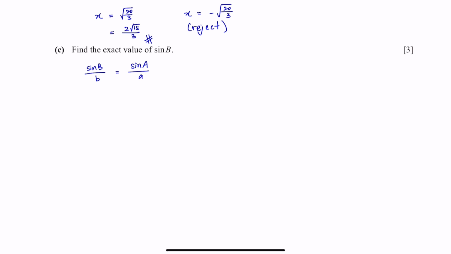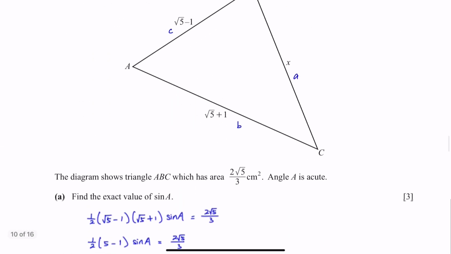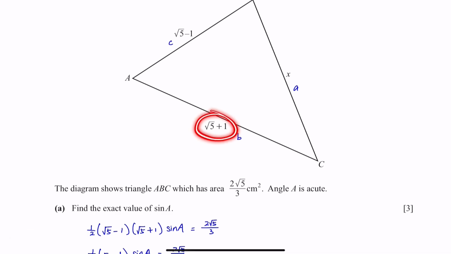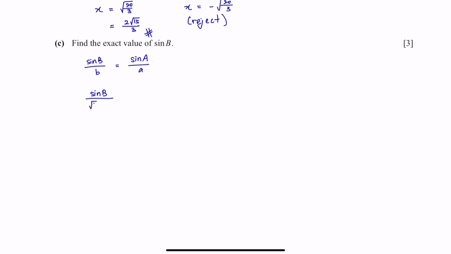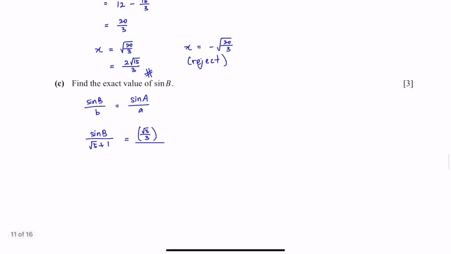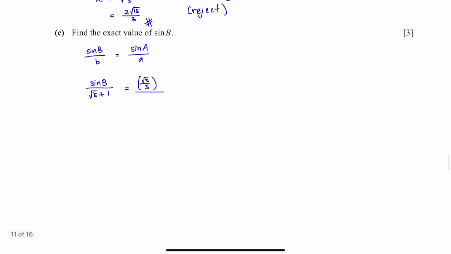So we can start subbing in the values. B would be root 5 plus 1. Sine A would be root 5 over 3, as what we found in part A. And A would be our x value, which is 2 root 15 over 3.